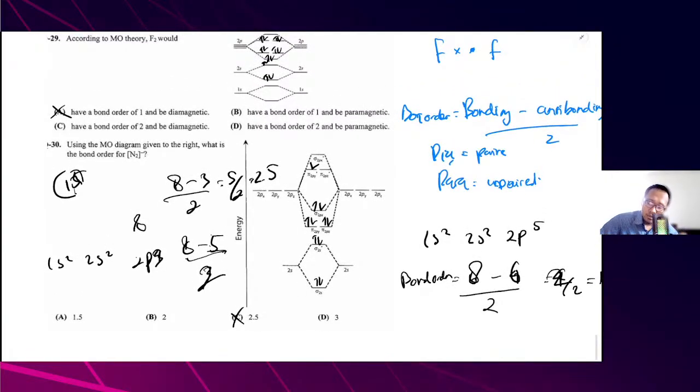Okay, that's great. That's great. So you know, right, how to fill up this one.